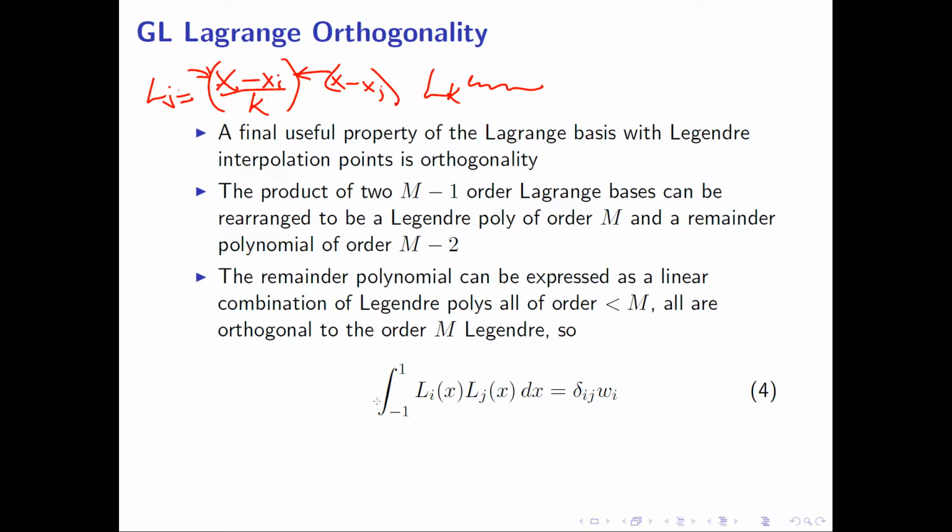So in other words, if we have the inner product of two Lagrange bases, each of a different order, then the result is 0. If they're the same bases, then we recover the associated quadrature weight for that particular point. So we represent this with the Kronecker delta multiplied by our quadrature weight.